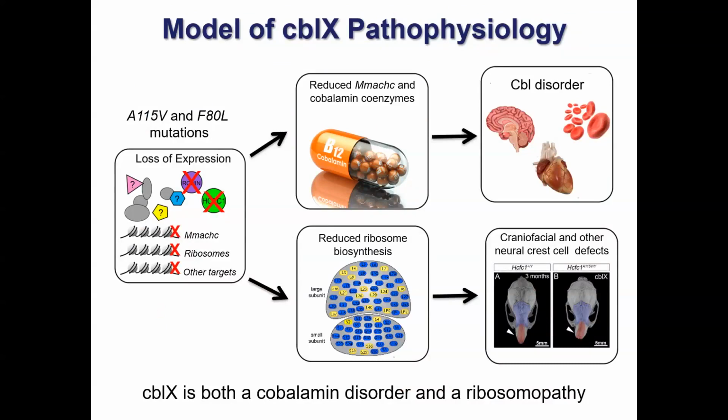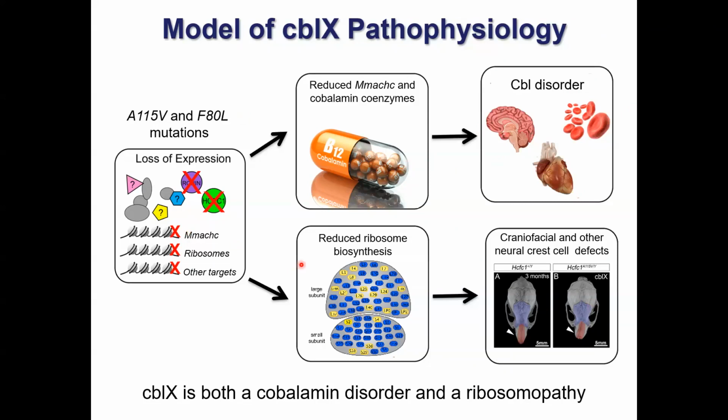The Mmachc reduction causes a reduction in the active form of B12, which causes cobalamin deficiency disorder. Okay, so this is one aspect. And the other novel finding that came out of the study is that there is a reduction in ribosome function. So cobalamin deficiency disorder can also be categorized as a ribosomopathy, right?